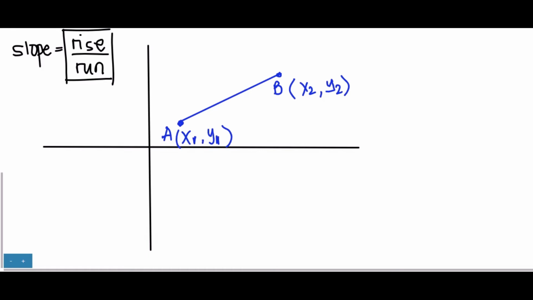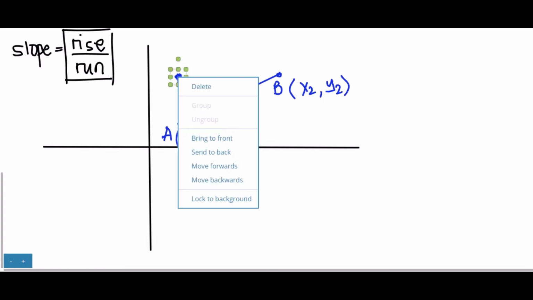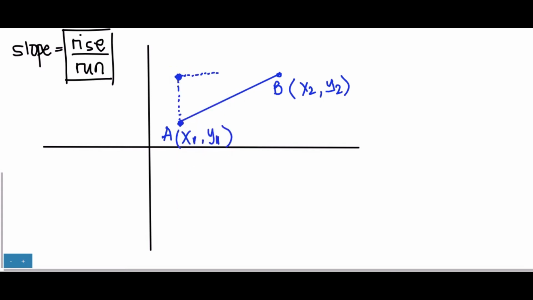From point A going to point B, for it to connect with point B, it rises first a certain number of points before it runs. So there is a turning point here before it runs and locates point B, which forms the slope of the line. Now, let's name this turning point as point C.